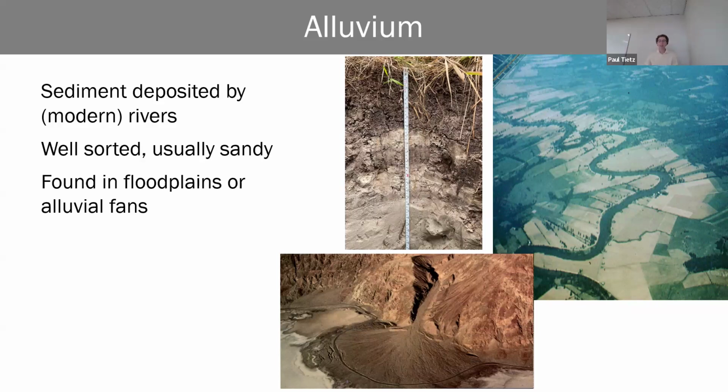Alluvial floodplains are probably familiar to everybody, just the low-lying area next to a river that's most likely to flood if the river tops its bank. Historically, they're really popular, common areas for development, especially thinking about the origins of civilization, right? The Fertile Crescent in the Middle East was two large floodplains that civilization developed in.